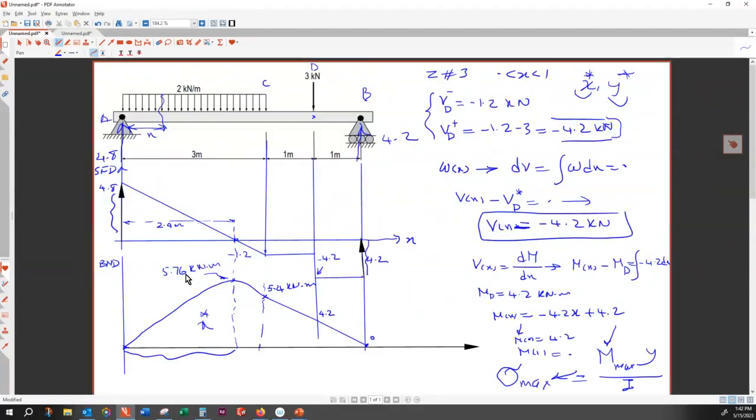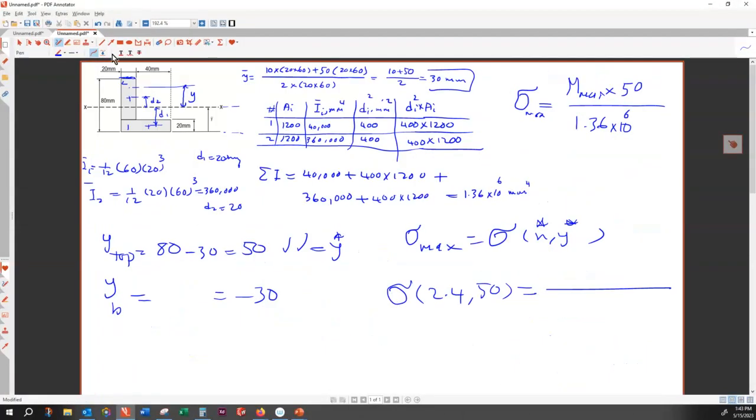The maximum was 5.76, and let's convert that to Newton millimeter, that is 10 to the power of 6. And the y is 50, in millimeter.